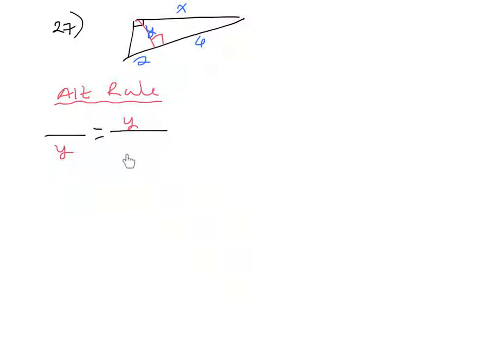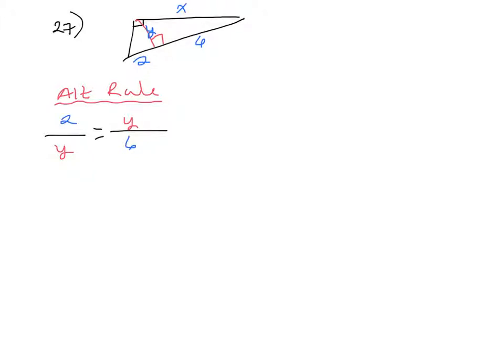Are we using a leg here? No. We're using the altitude. Does the altitude cut the hypotenuse into two pieces or does it keep it whole? This is your hypotenuse. It cuts it into two pieces. So those two pieces, which are 2 and 6, go on the other diagonal. And then you just cross multiply and solve.